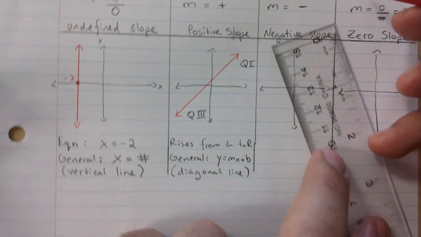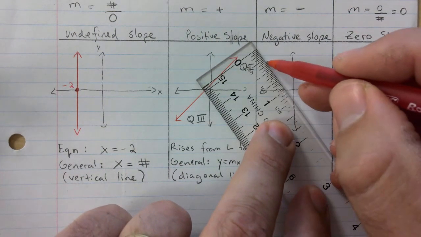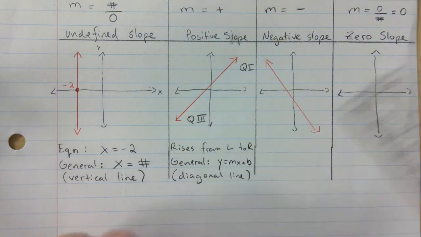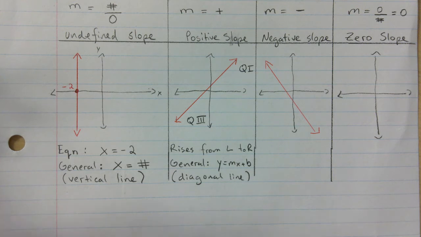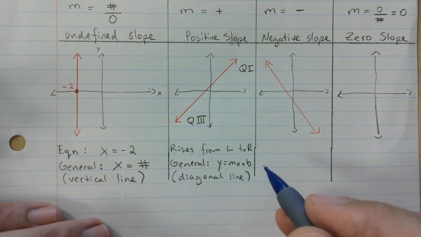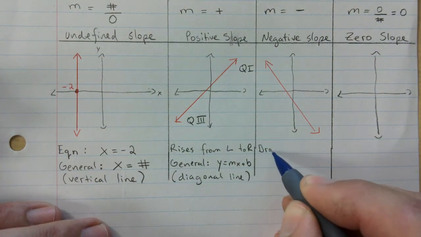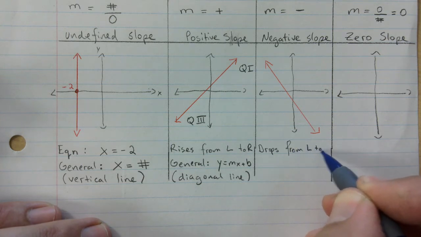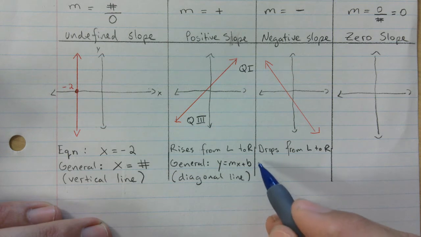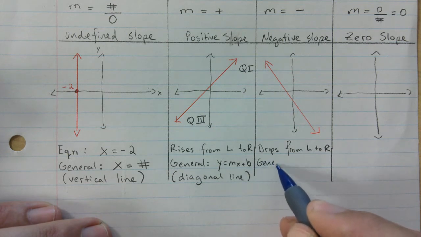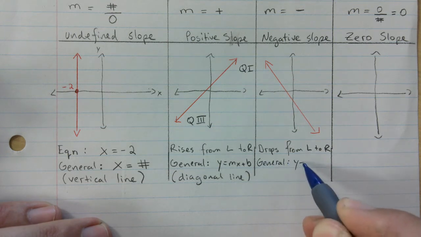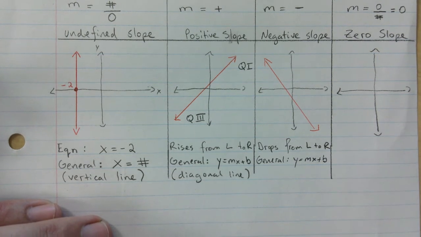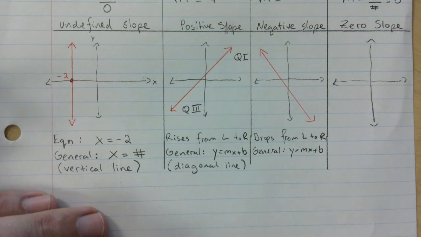So then my negative slope, of course, is going to drop from left to right. The general form is always y is equal to mx plus b, so very much like the positive slope, and it's still a diagonal line.